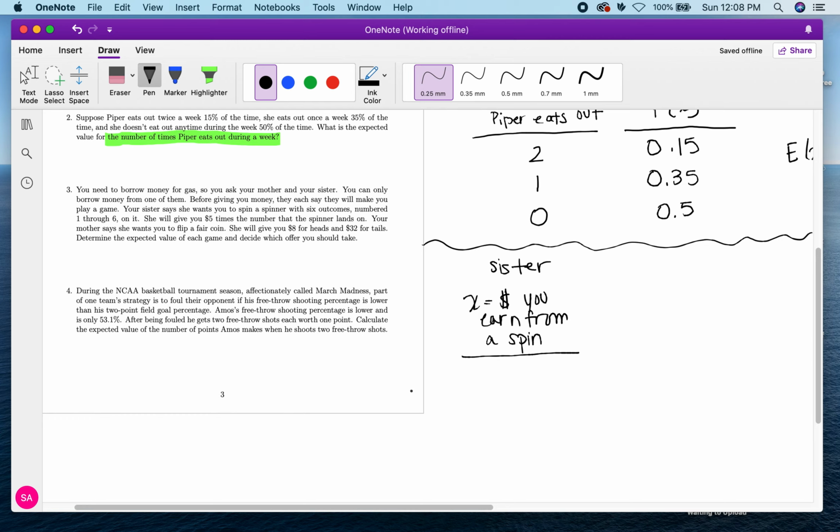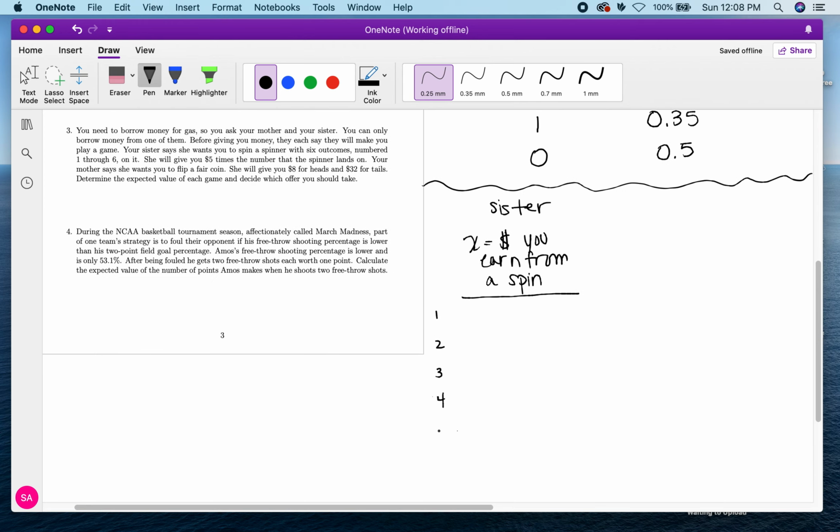Okay, so over here, I'm just going to put 1, 2, 3, 4, 5, and 6. These aren't the actual variables, but these are the different numbers we can spin on this spinner. But we are focused on the amount of money you're going to get. If you spin a 1, she said she's going to pay you 5 times that number. So $5 times 1 is $5.